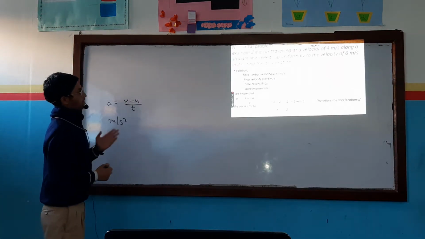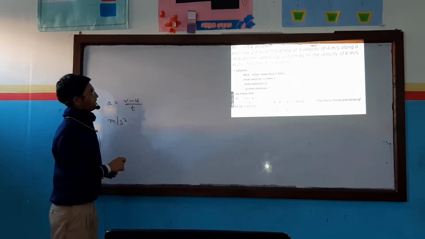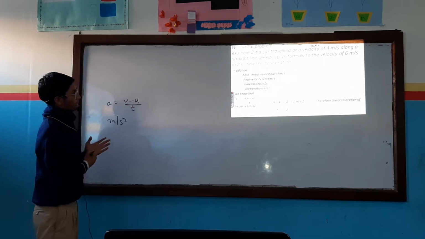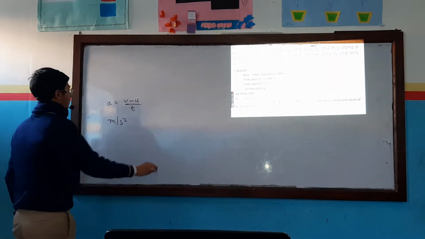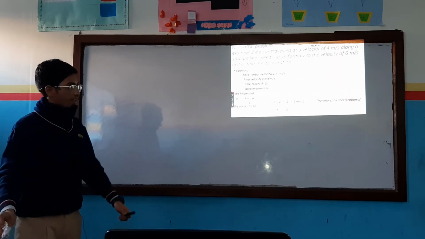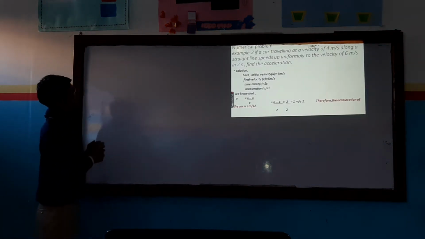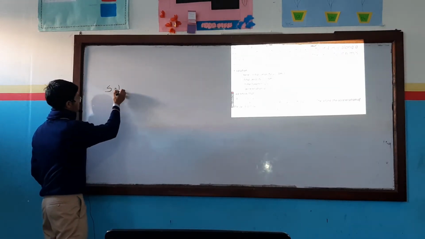Example number 2. If a car traveling at a velocity of 4 meter per second along a straight line speeds up uniformly to the velocity of 6 meter per second in 2 seconds, find the acceleration. Here the givens are: the car is traveling at a velocity, it means that it is an initial velocity.